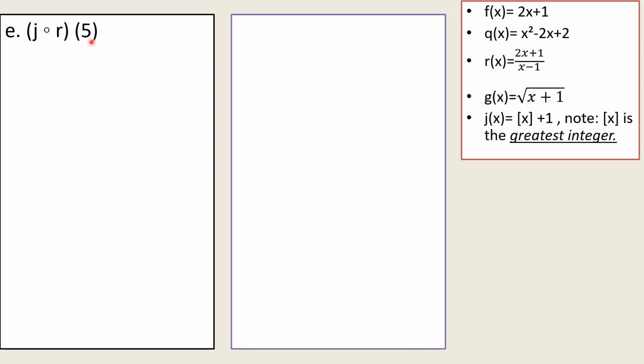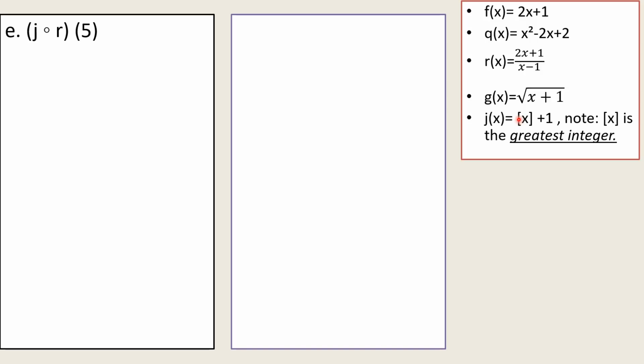Of course, the two functions we will use are J, the greatest integer of x plus 1, and R, 2x plus 1 over x minus 1. But here in J, we have a condition that the bracketed x is the greatest integer.